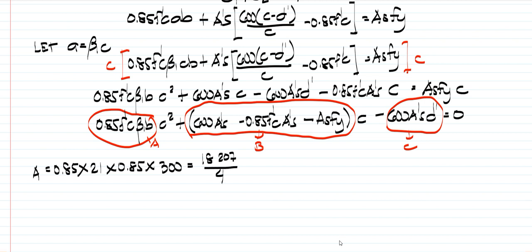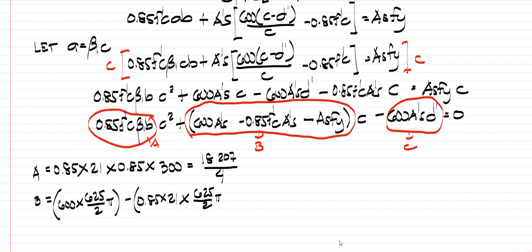That is now a. For b, that is equal to 600 times A's, which is 625 over 2 pi, minus 0.85 times 21 times A's, which is 625 over 2 pi, minus 3125 over 4 pi, times 415.